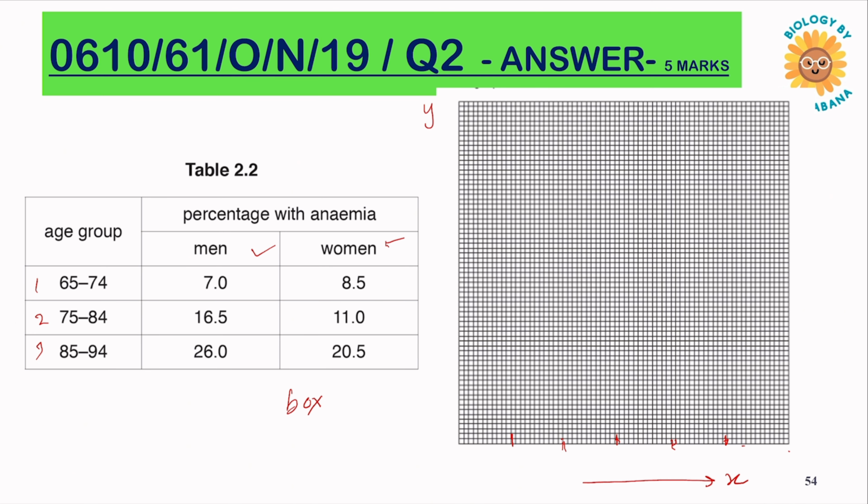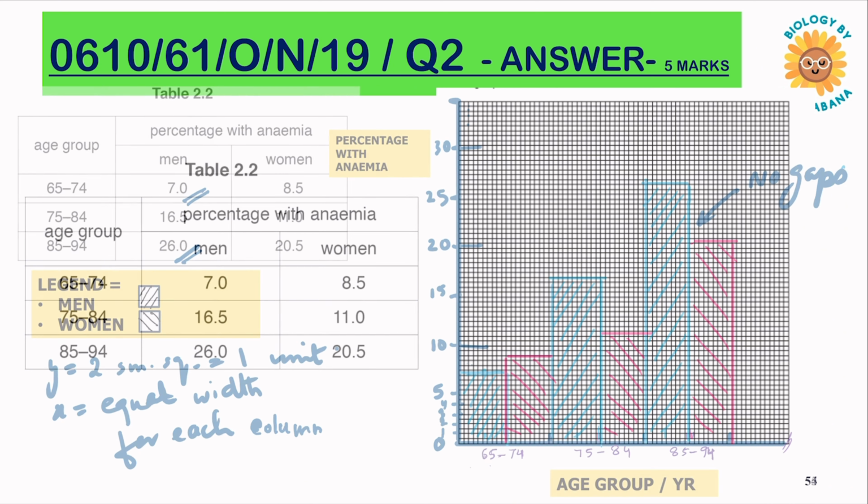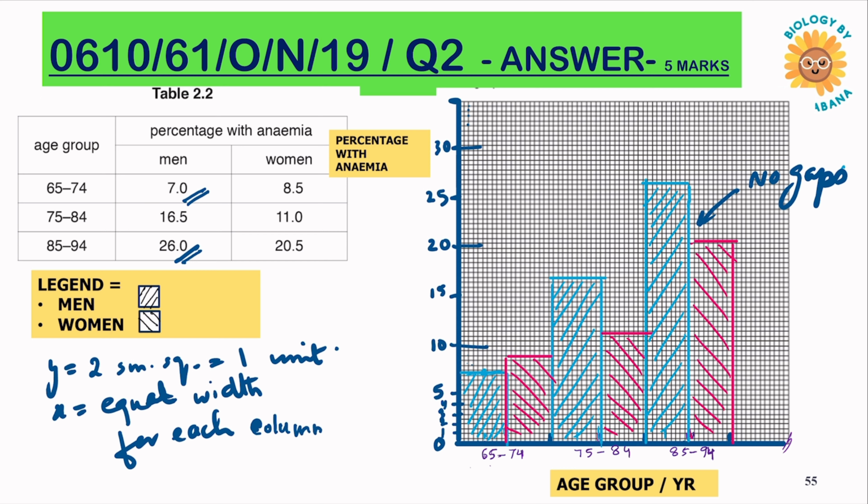What about the y-axis? So the y-axis will have to be something to do with the number or the data. Now let's have a look. Okay, so the x-axis, the age groups, are written over here. Yeah, so I've plotted them, and it's coming as more than 50% of the grid that is given.